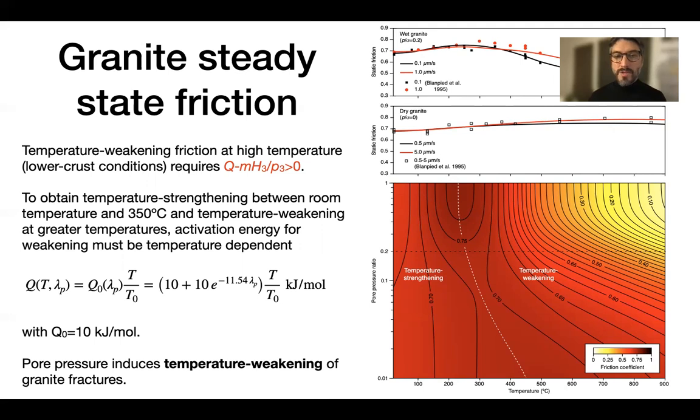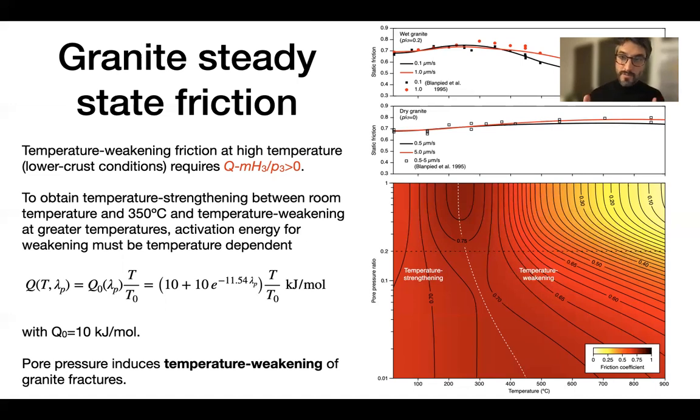So to capture a temperature strengthening in dry conditions and temperature weakening in wet conditions at high temperature, we need to make the activation energy for weakening, Q, a function of temperature. And in fact, it has to increase with temperature. So this is captured by this relationship where the activation energy increases linearly with the absolute temperature in Kelvin.